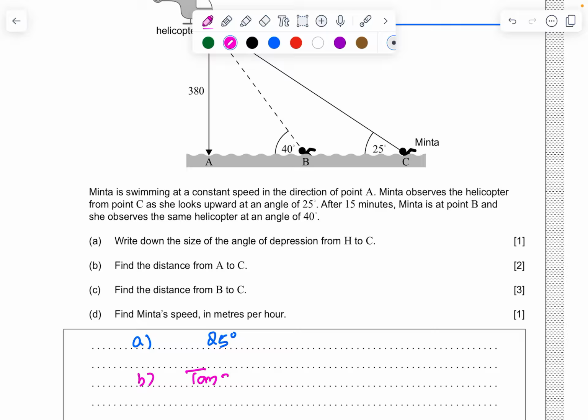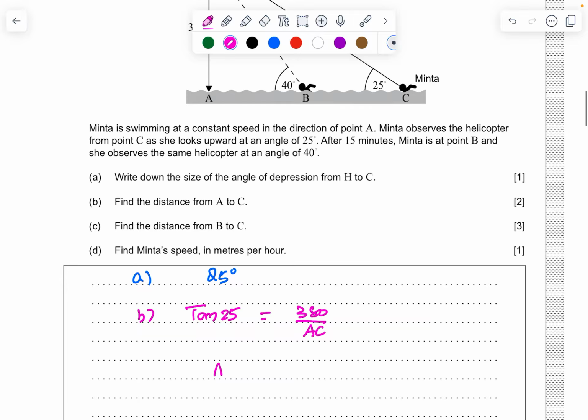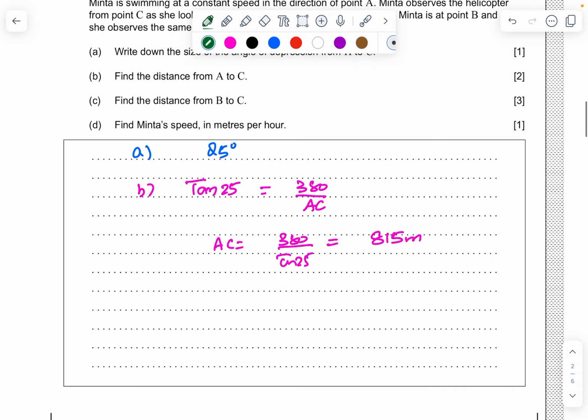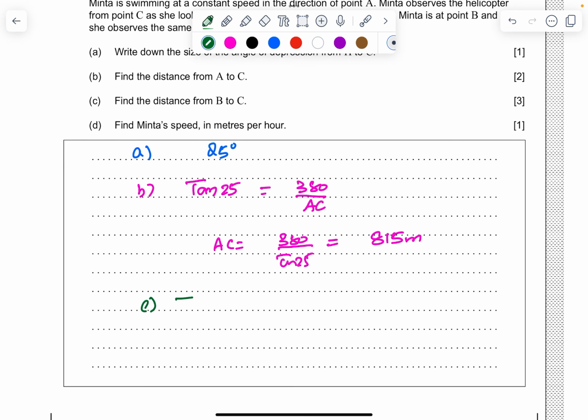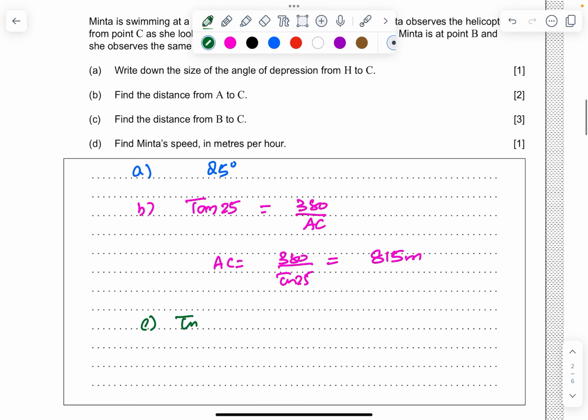So tan 25 equals the opposite side, 380, over the adjacent side, AC. From there I get AC equals 380 by tan 25, which is going to be 815 meters. Now write down the distance from B to C. First, tan 40 equals 380 divided by AB, which gives AB equals 380 divided by tan 40, which is 453 meters.